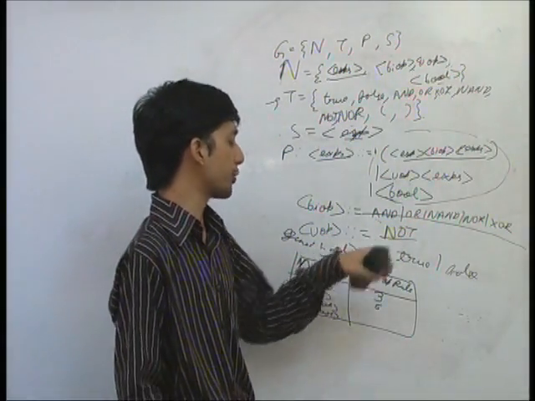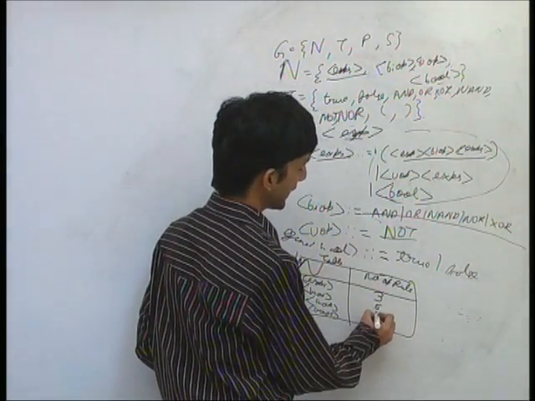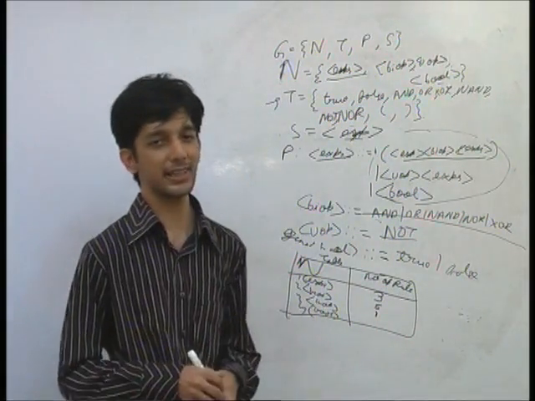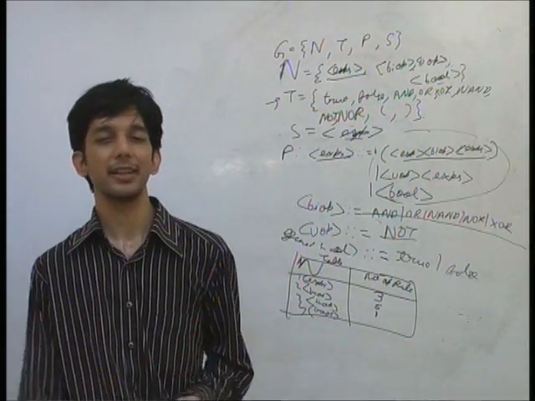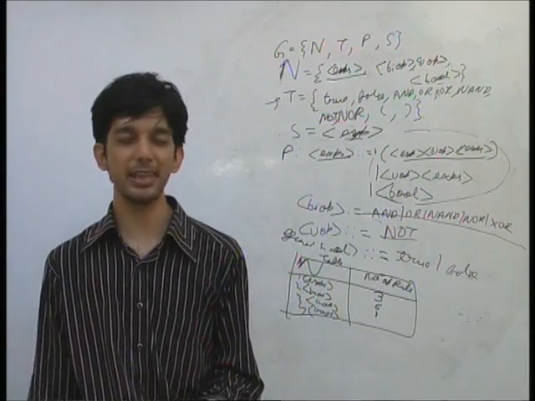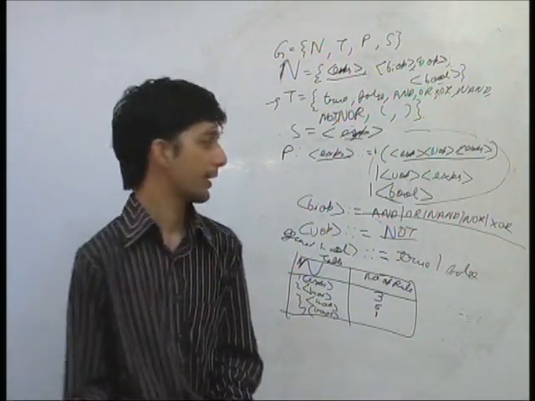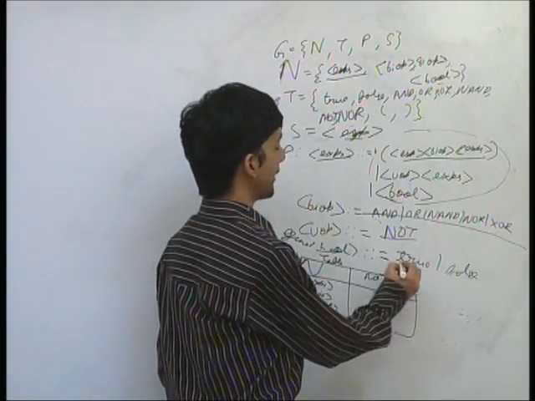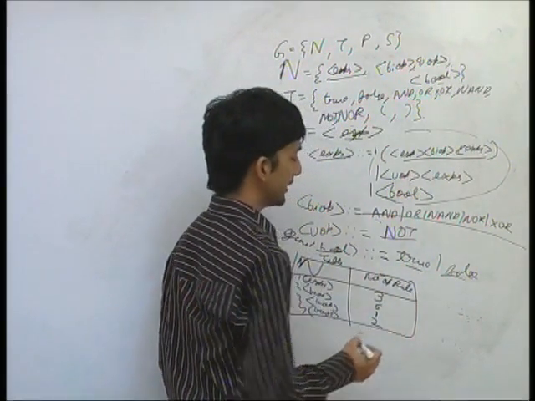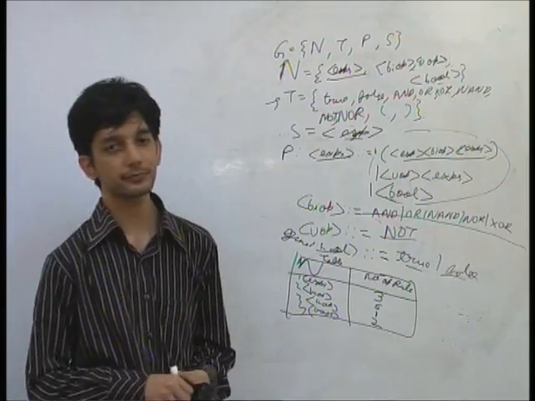For uop, I have got only 1 choice. Anytime I have uop as what I need to replace, I'll only be able to replace it with not. And for bool, I have 2 choices, either a true or a false.